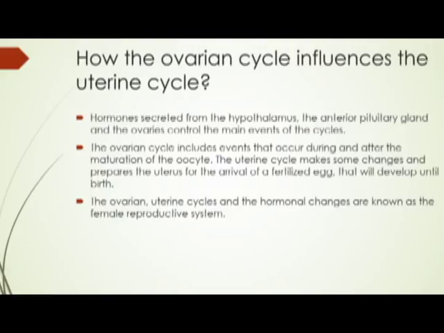The uterine cycle makes some changes and prepares the uterus for the arrival of a fertilized egg that will develop until birth. The ovarian and uterine cycles and the hormonal changes are known as the female reproductive system.